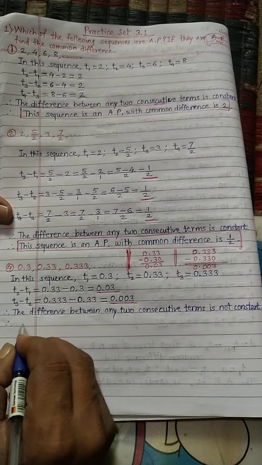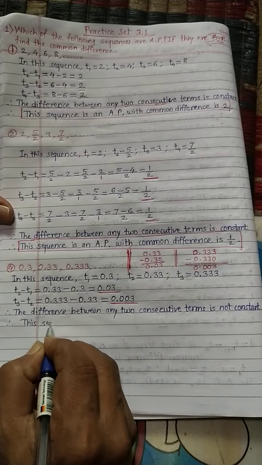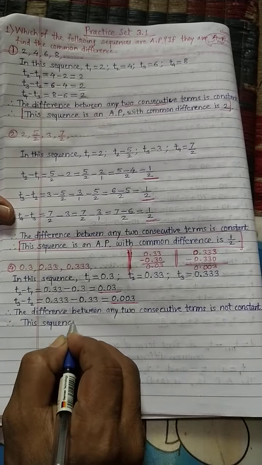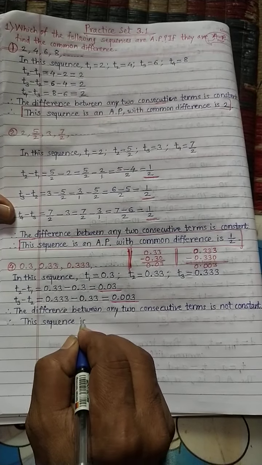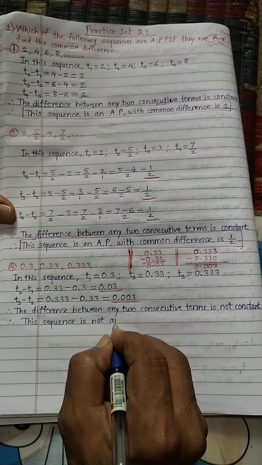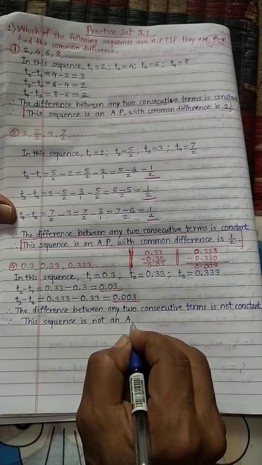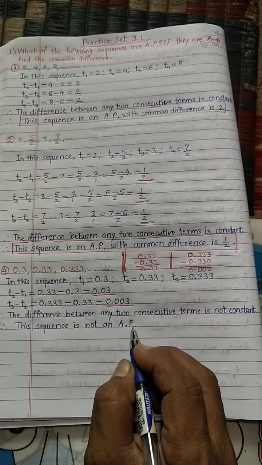So this sequence is not an AP, meaning arithmetic progression.